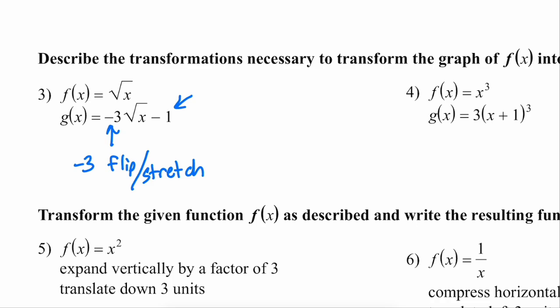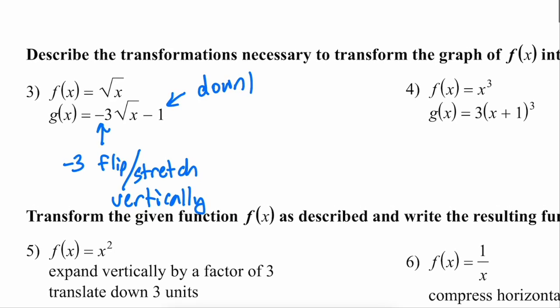This negative 1 on the outside moves it down 1. So all of these things are on the outside. They're always changing them up and down vertically. So it's going to stretch it vertically. It's going to move it down 1. Okay, so that is what the negative 3 does, and then the negative 1 is on the outside.